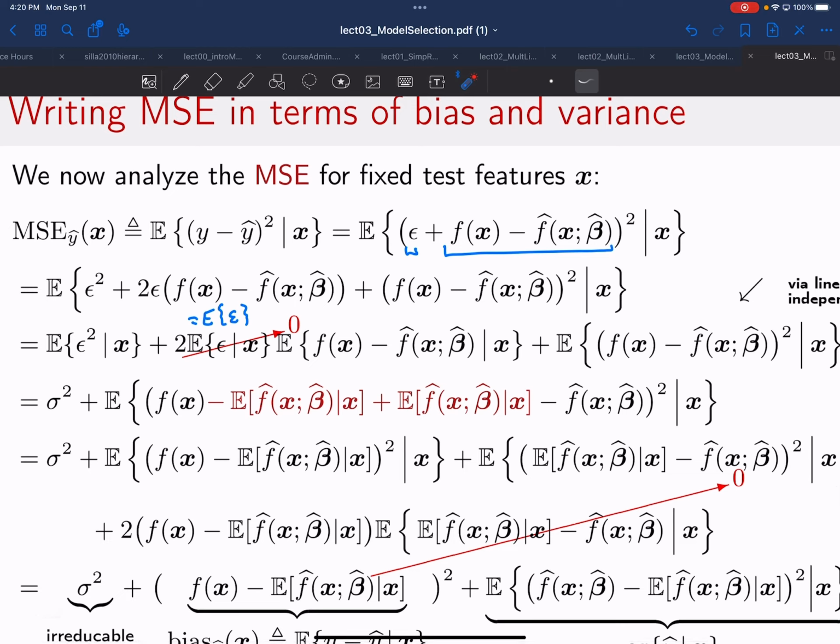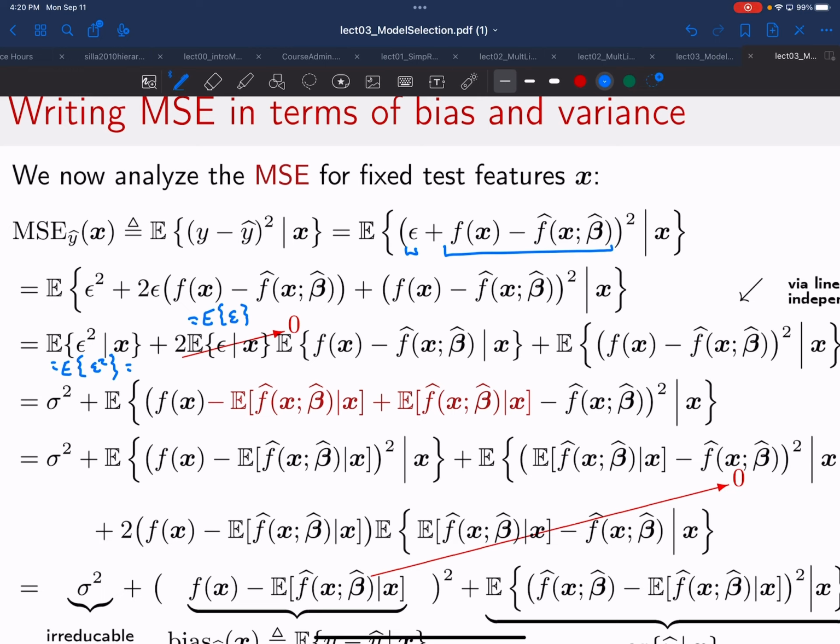Great. So now, let's also work on this term. We have the same thing going on. Epsilon is independent of x. Therefore, for the purposes of this expectation, we can basically forget about the x. So this is equal to the expected value of epsilon squared. And what do we remember about the expected value of a random variable squared? How can we write that in terms of things we more commonly deal with?